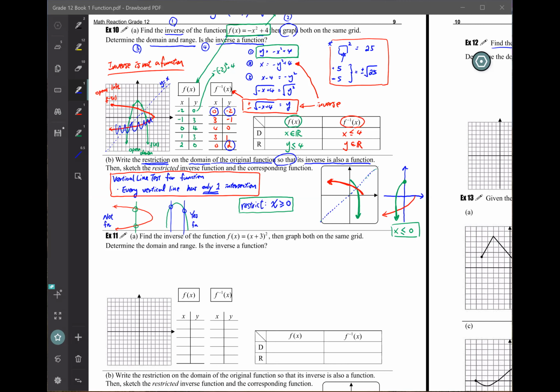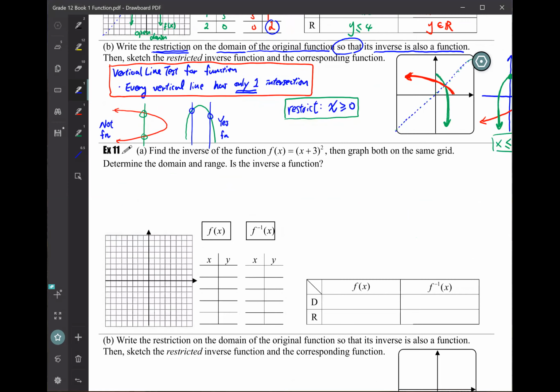Okay, Samantha, what's your inverse? Can you tell me? Y equals plus minus square root of x minus 9. X minus 9, is that what you said?